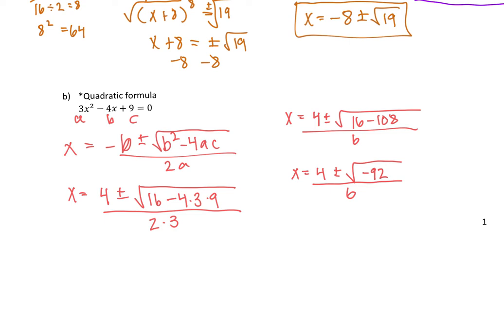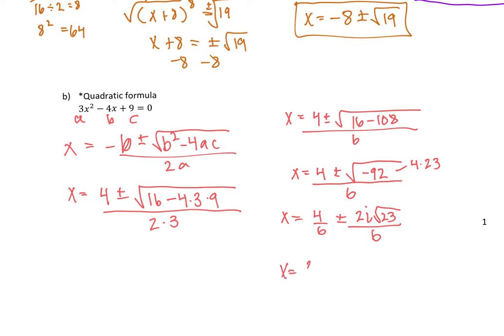So what I do to solve that is I'm going to reduce my square root, but while I do that, I'm going to rewrite each of my terms over the 6. 92 is 4 times 23, and we can pull out the 4 and the negatives. That's 2i square root 23 over 6. Now, if I break up each term and divide 6 into each one, then we can reduce individually.